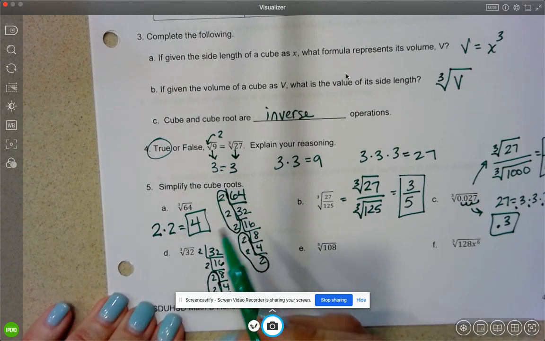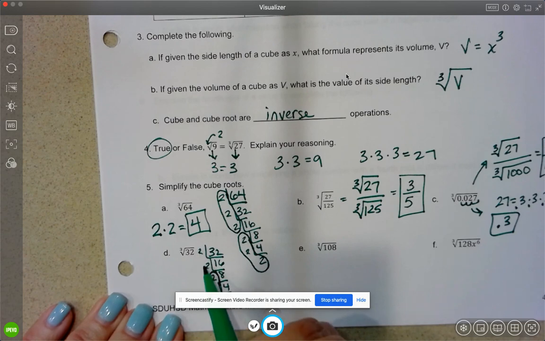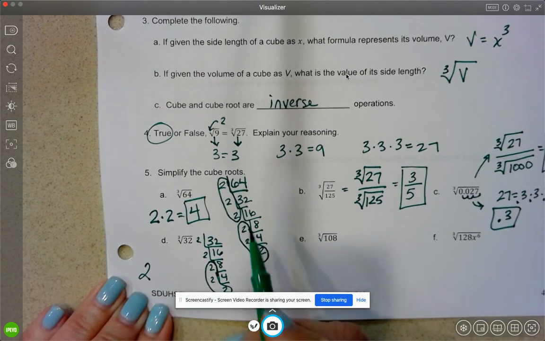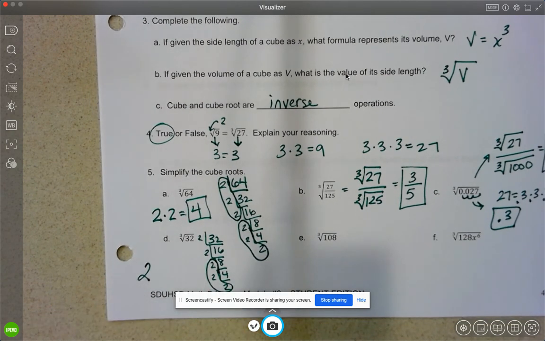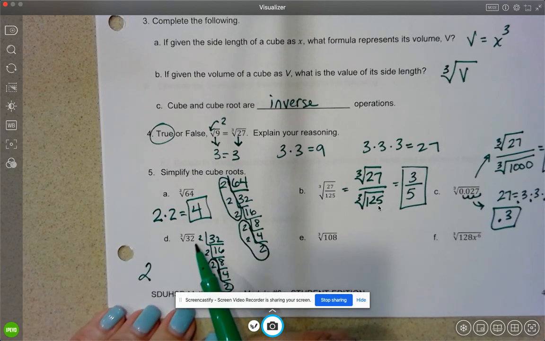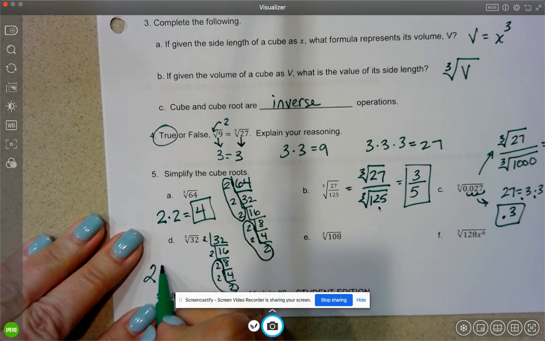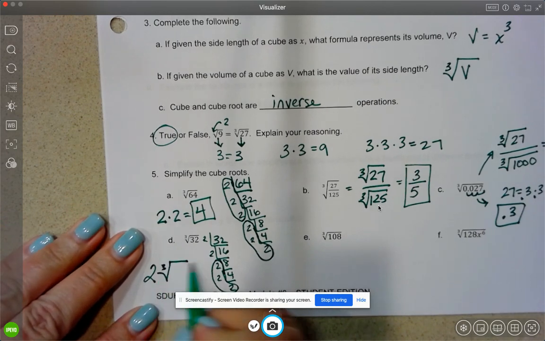But I have this group of 2's left over. So I have one group of 2's that comes outside, and then I just have this leftover group of 2's. So I have 2 cube root of, and whatever's left inside, you multiply.